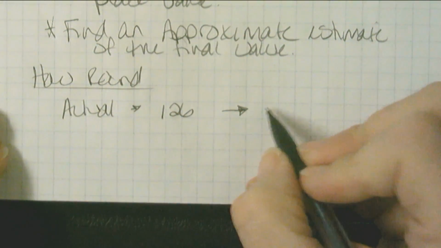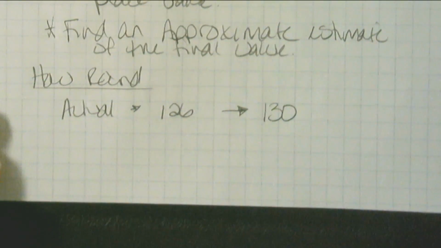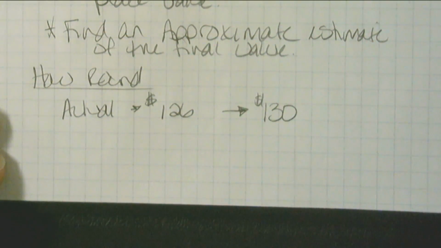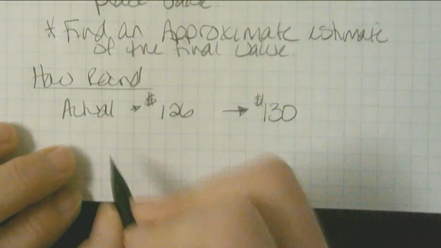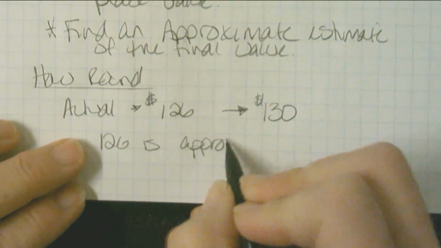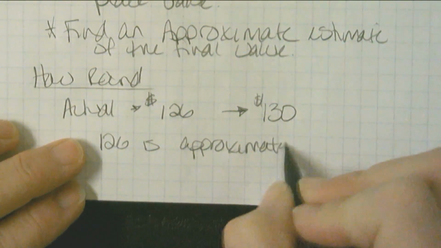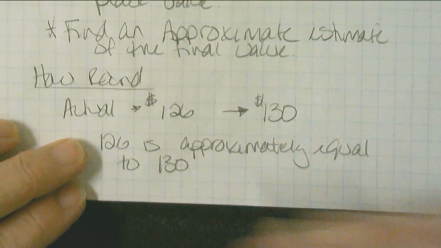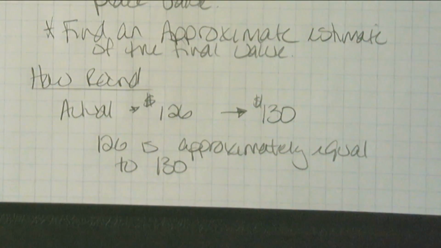Kira? Yeah, that's about 130. So what this means is 126 is approximately equal to 130. Now it's a little over, but it's an approximate.